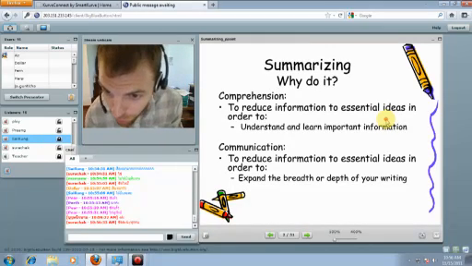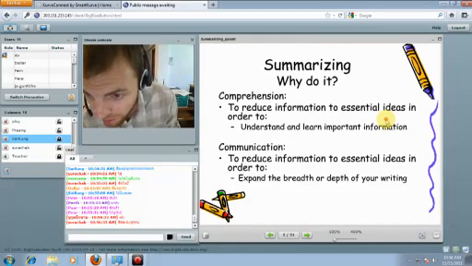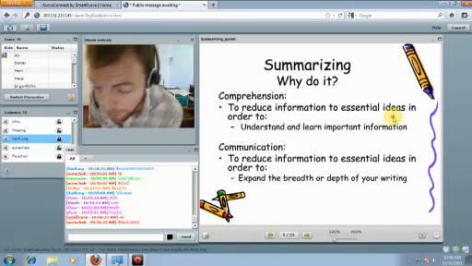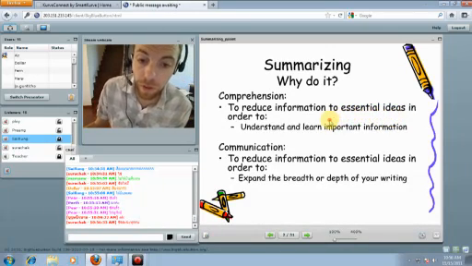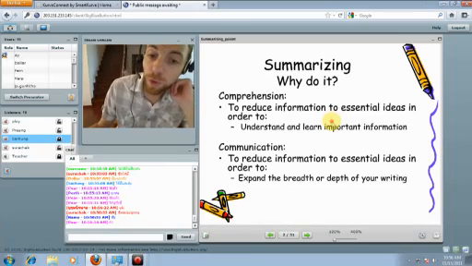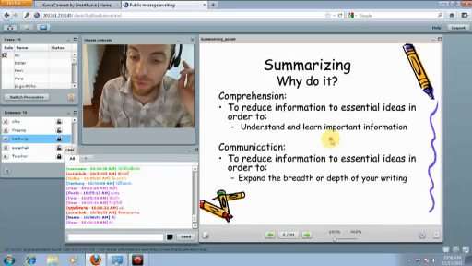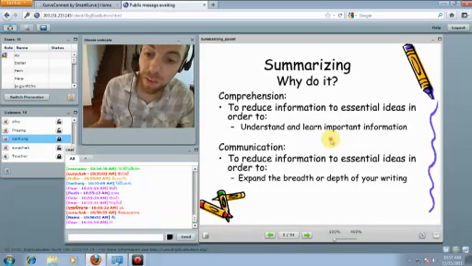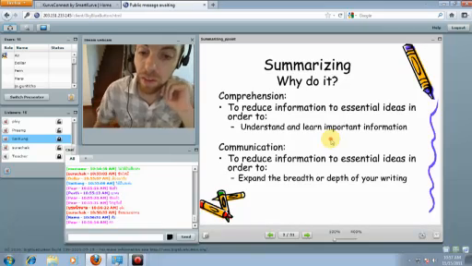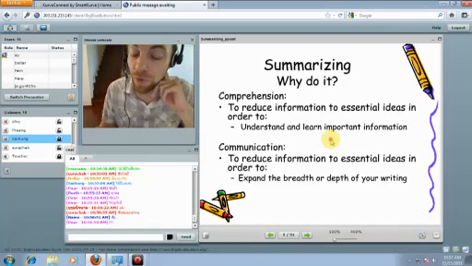So also we're going to understand and learn important information. By summarizing, we're going to only focus on the important things. If it is a detail that is not important, then we do not need to talk about it in the summary.